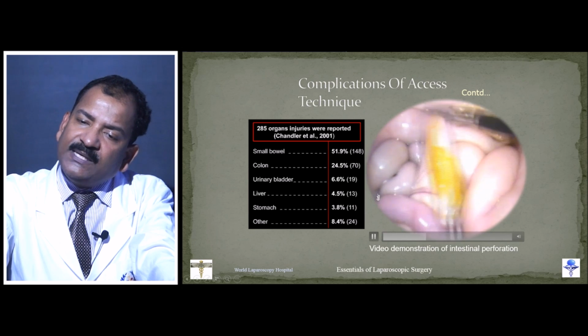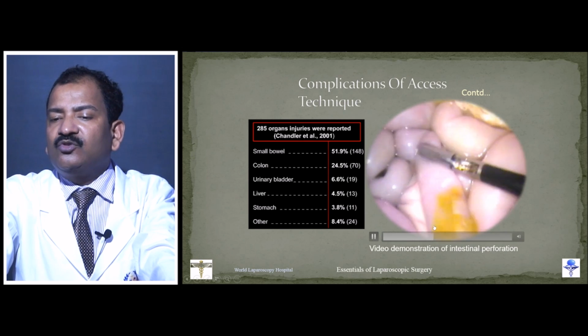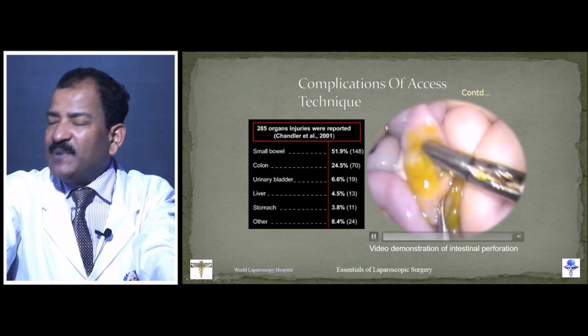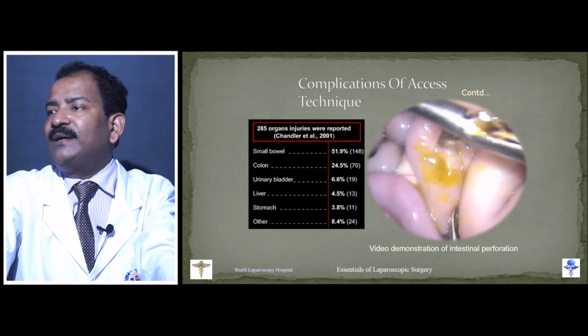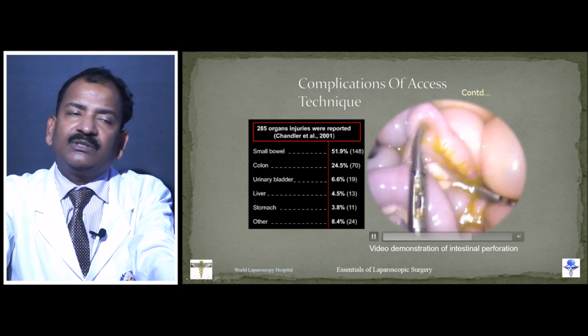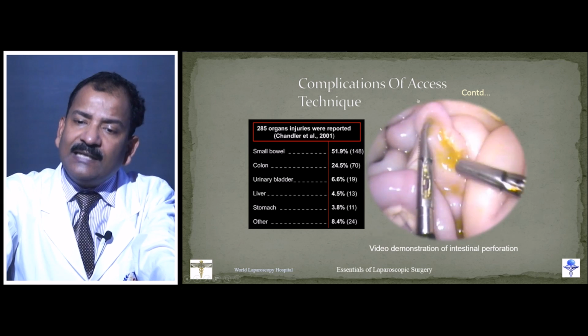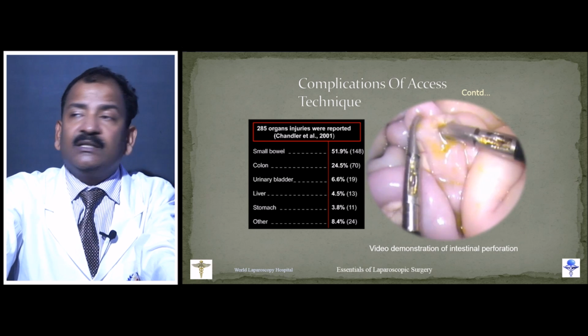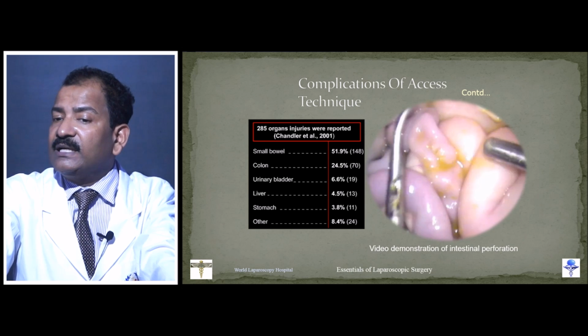You should put a gauze piece and wipe it out, and do primary closure then and there. You should not spend time letting this fecal matter come out and contaminate other areas. So, we should close it immediately, and localized cleaning should be done, thorough lavage should be avoided, otherwise this infection is going to the other quadrant.